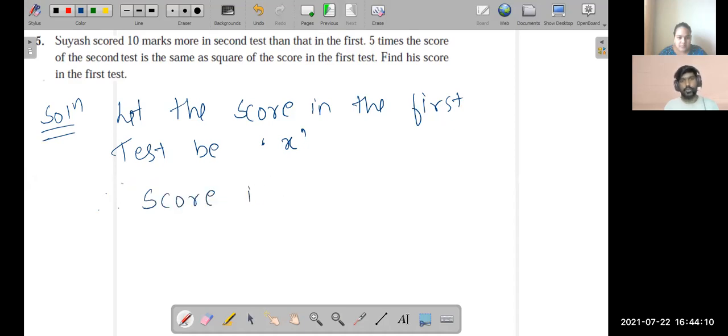Yes, correct. So the score in the second test will be X plus 10.